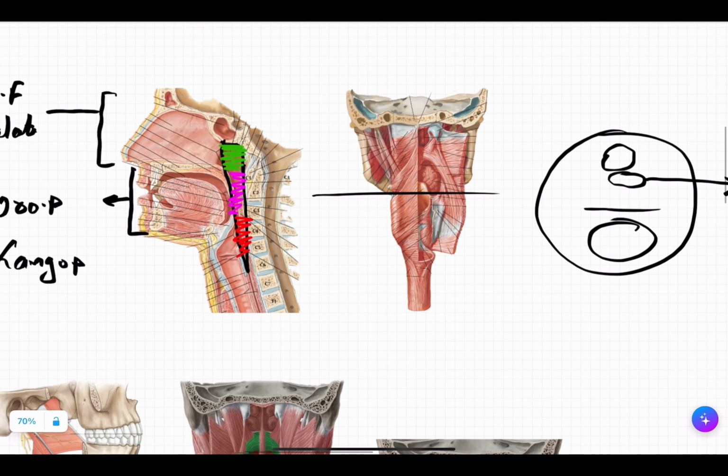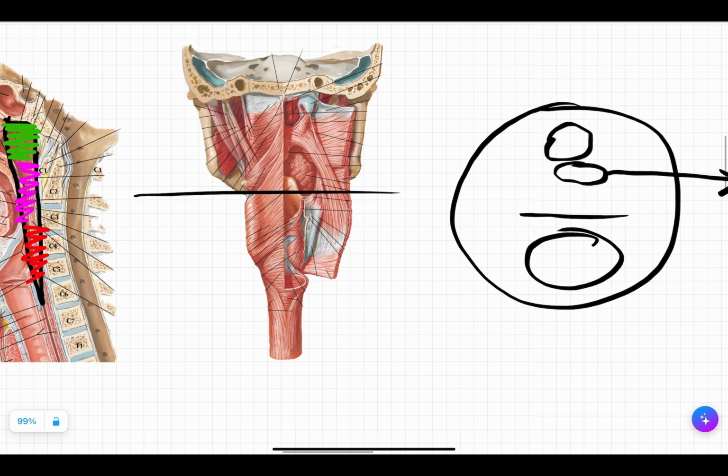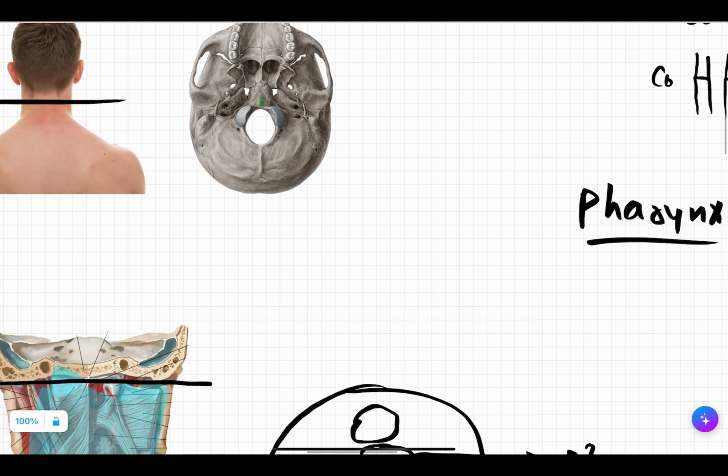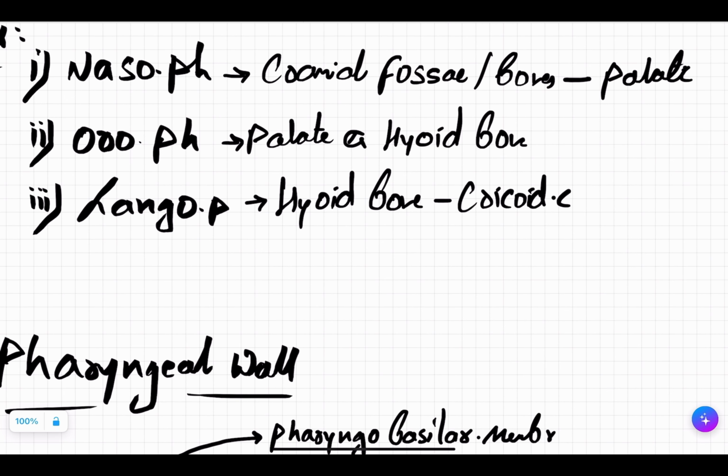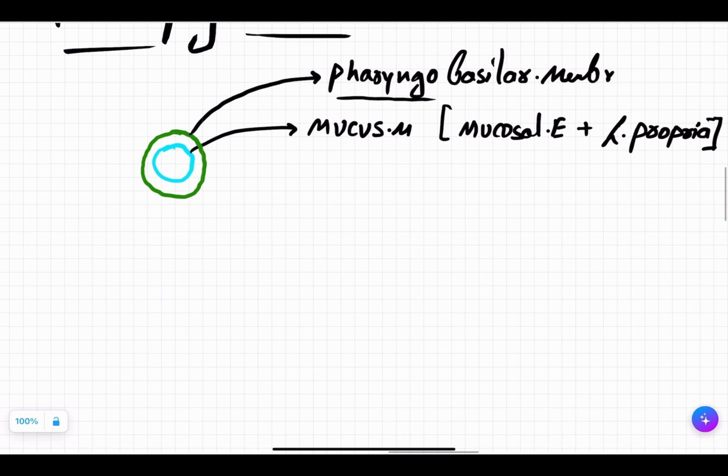You see, this is your base of the skull, and this membrane will come from here to the entire down part. So that is known as pharyngobasilar membrane, because it is coming from above the base of the skull down till the level where this membrane ends. Where does it end? We will discuss when we will discuss the fascia of the neck, so don't worry. Now we are just discussing the structures. So this was our second layer.